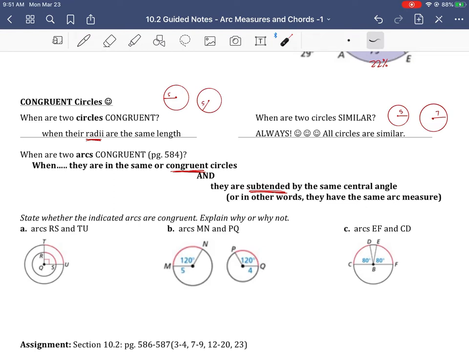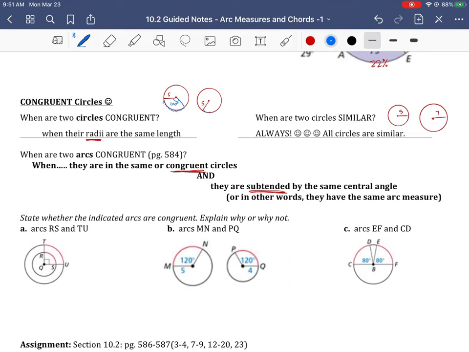Okay. So again, if we were looking up at this example up here, if this one right here has a radius of 5, and I rotate this through an angle of, let's say, 100 degrees. So I'm going to draw another piece right here. I rotate that through, and this is 100 degrees. This arc measure right here has a certain length.